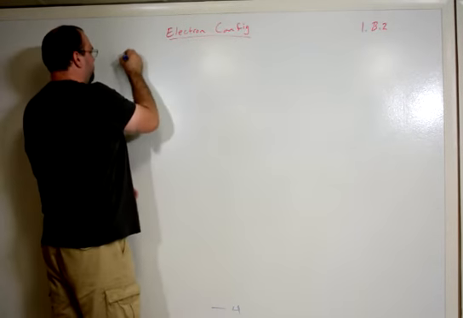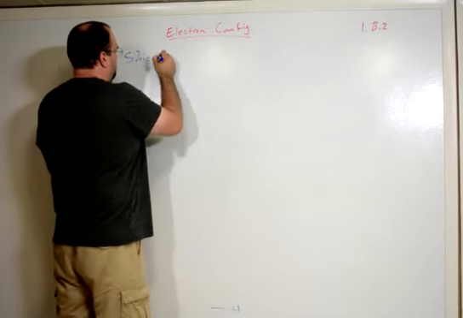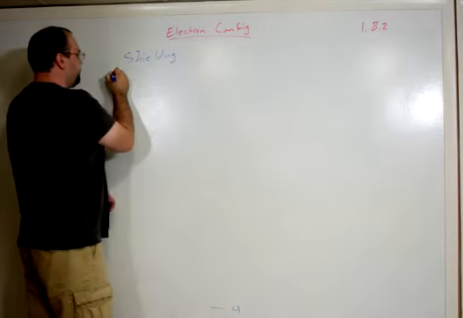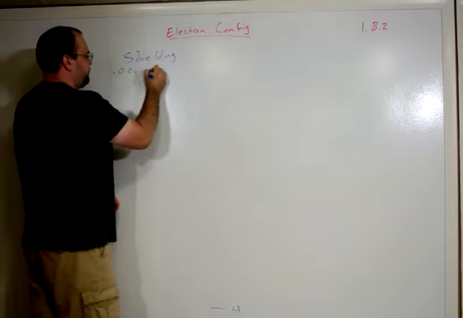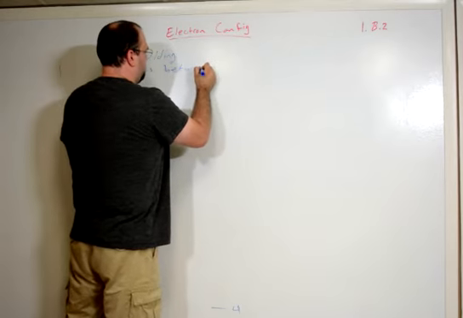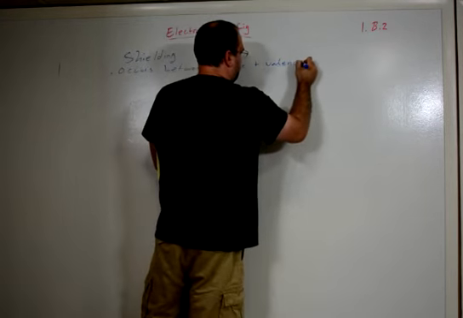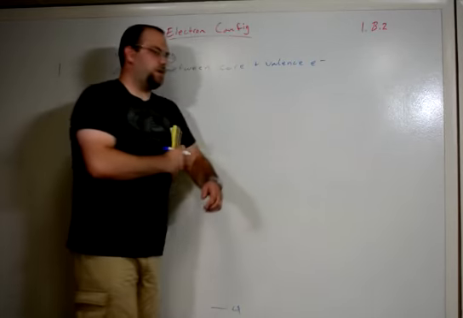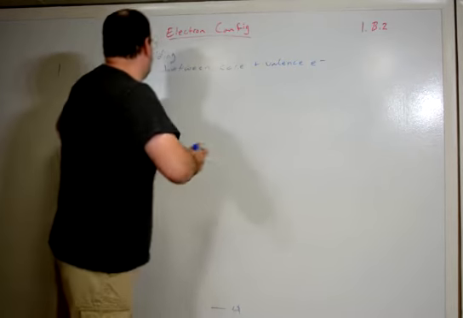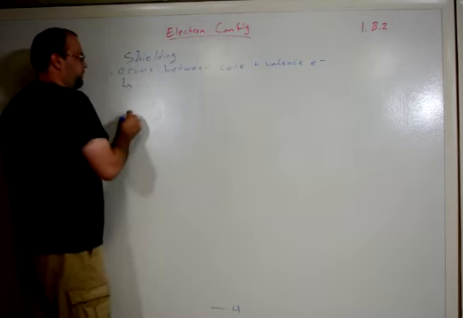So shielding occurs between core and valence electrons. Between what we call core electrons and valence electrons. So now let's talk about a little bit of terminology.